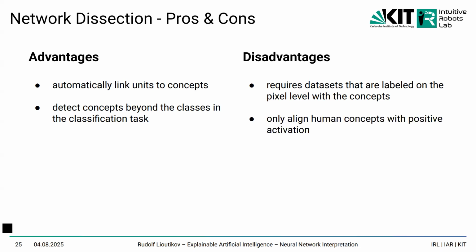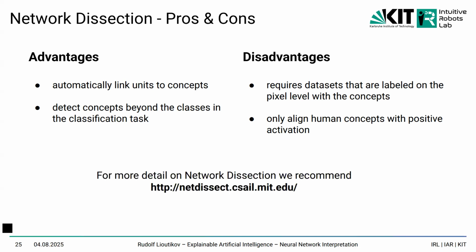So that's a problem. And it only aligns human concepts with positive activation. So if something is very negative, we cannot say that this neuron actually triggers if there are no stairways here. That's not in the capability of this model.